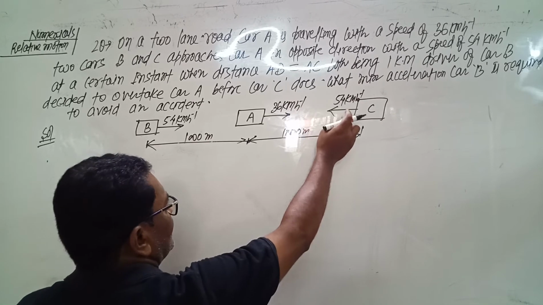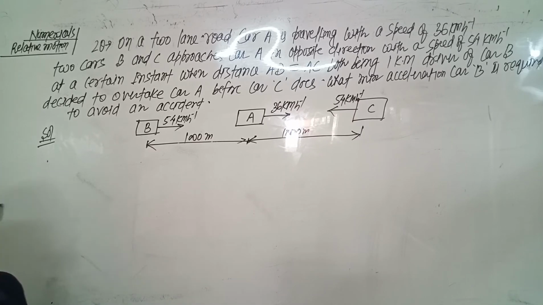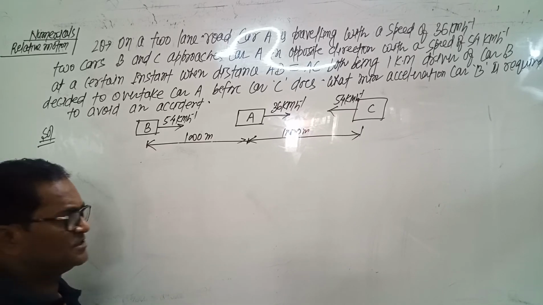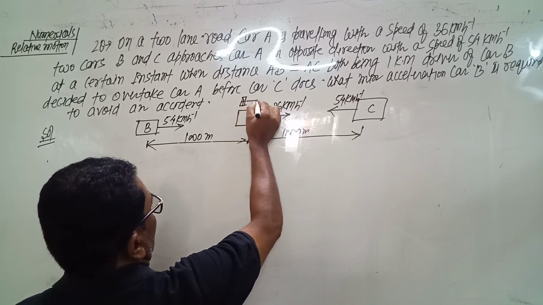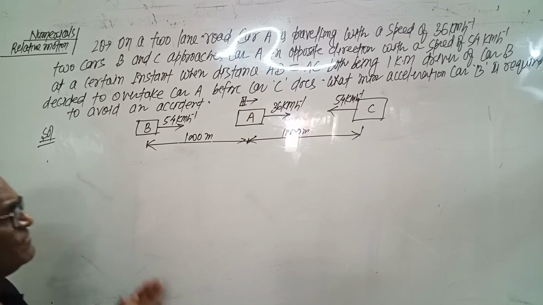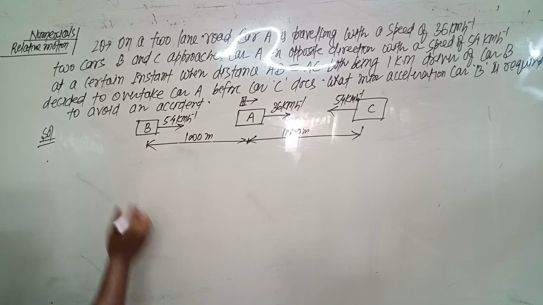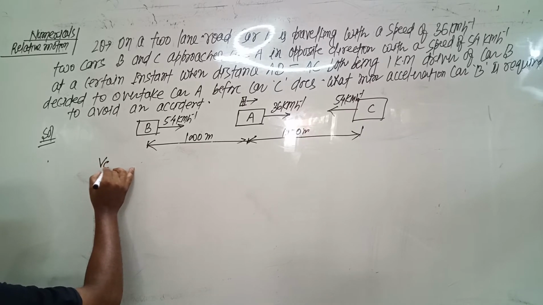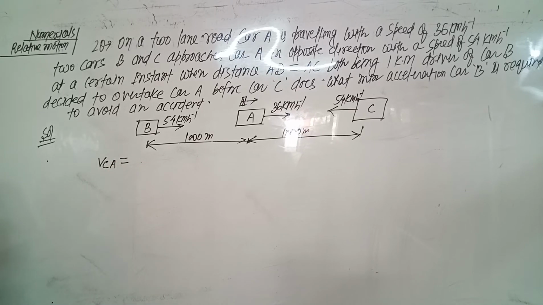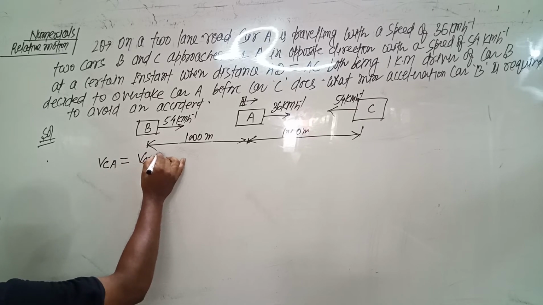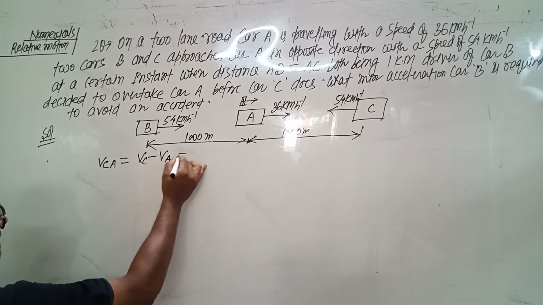First we will find the relative speed of C with respect to A, and we assume the positive direction is from left to right. Relative speed of car C with respect to A, VCA equals VC minus VA.